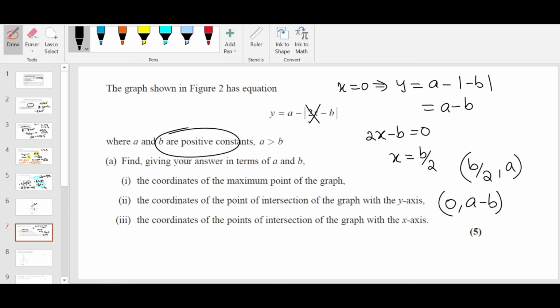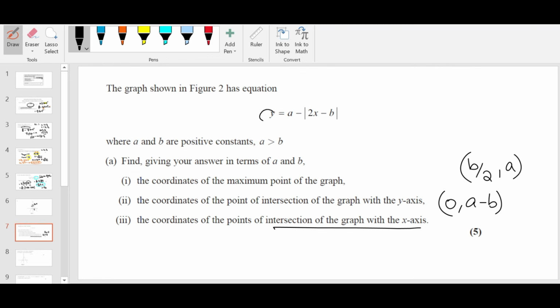And then the next one, find the x-intercept. How do we find the x-intercept? We need to replace y by 0. So when you replace y by 0 in the function, you will get a is equal to modulus 2x minus b.